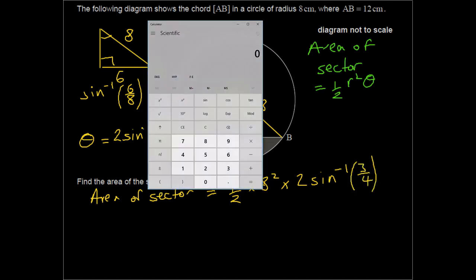Using my calculator, I need to make sure I'm in radians mode, so change to radians, and then do 3 over 4, inverse sine of that, times that by 2, times that by 64, and then divide that by 2. So I can say that would be 54.3.